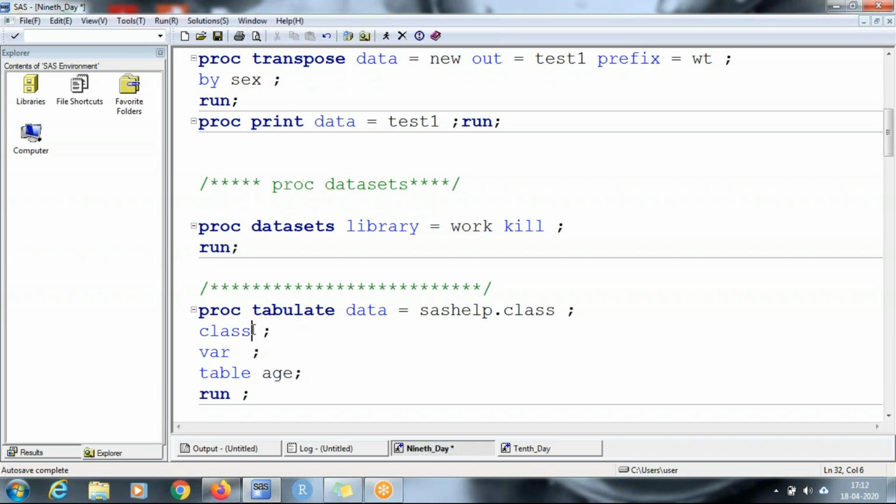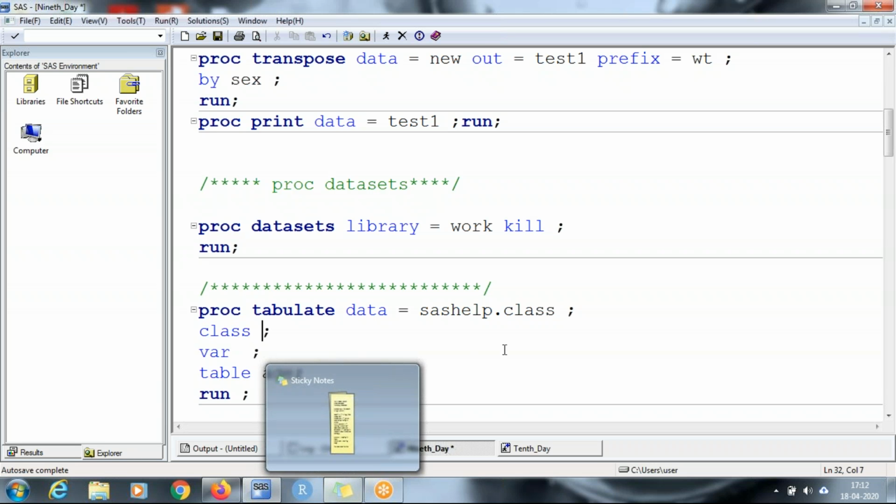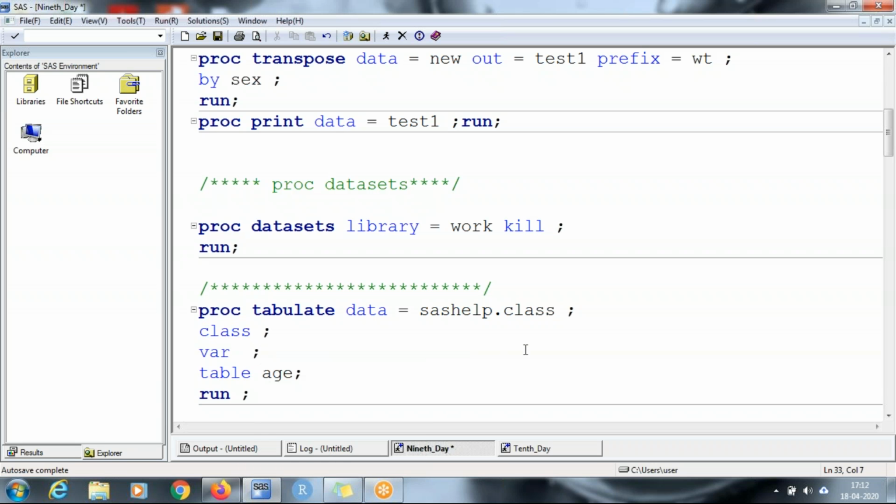In class, we define all those variables for which we want a category. This class is the place where you define the variables that help you summarize your data for that particular variable. So let me define age first.